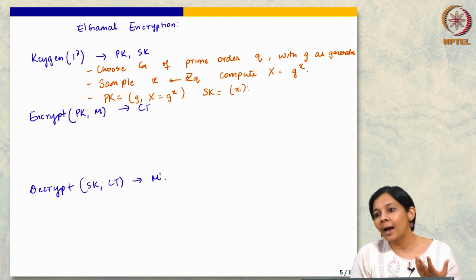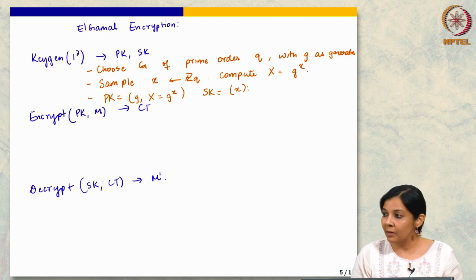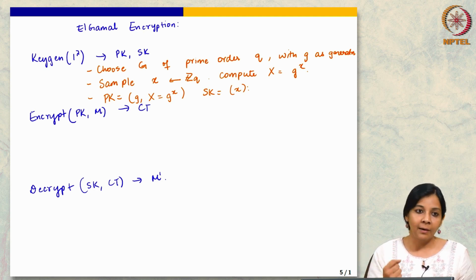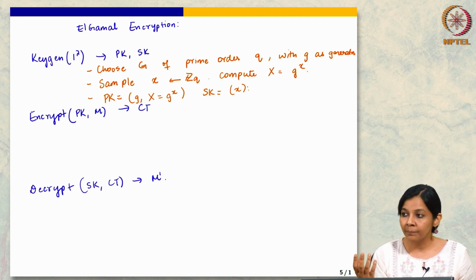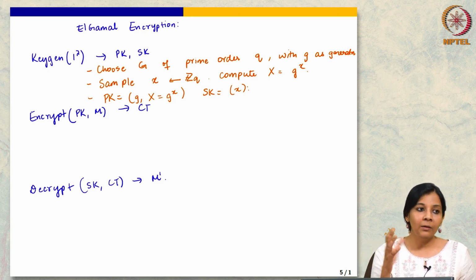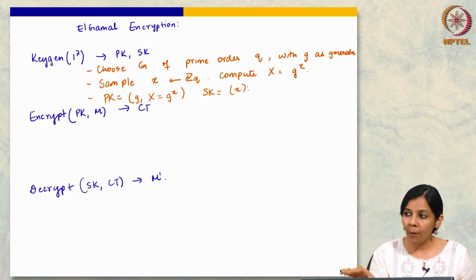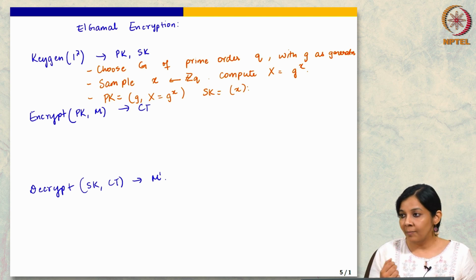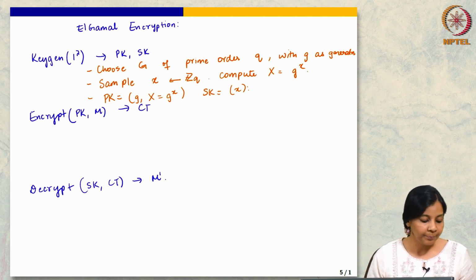So basically I need to choose something which is secret and something which is public. So the logical thing to do is, whatever problem I am relying on, I would want to keep secret whatever is hard to compute, and I'll make public whatever the secret is hard to compute from, right. So g to the x does not easily give me x by the discrete log problem. So this is how we sampled it.